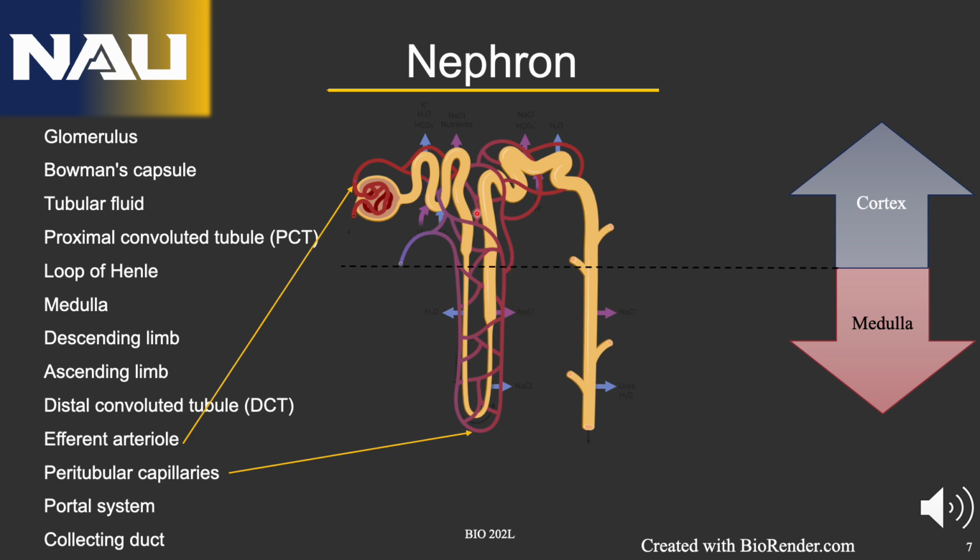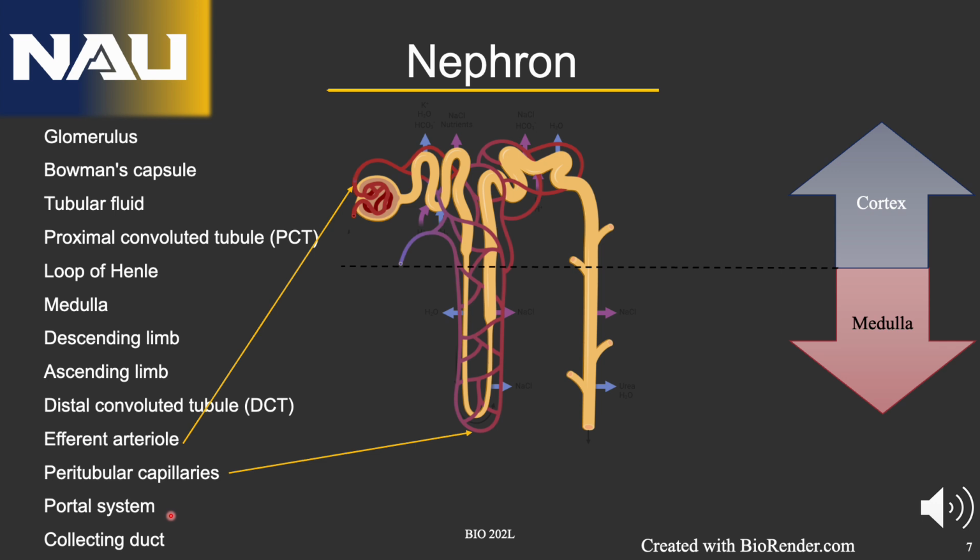So lots of filtration happened here, and we put back the important stuff through here via those peritubular capillaries. This arrangement constitutes, what is it called? A portal system, which is essential for efficiently reclaiming substances and maintaining homeostasis.